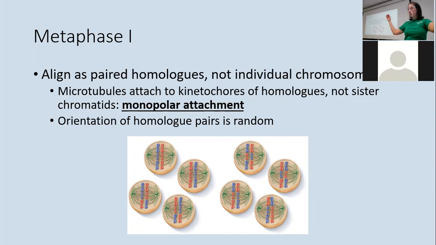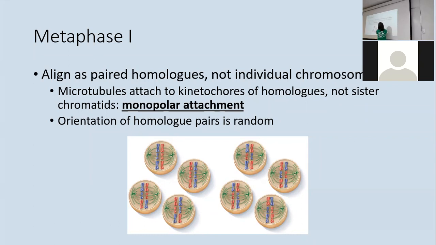And then just like in mitosis, we've got these spindles with microtubules that are going to come out and grab these guys at the kinetochores, but different, right? The spindle's going to come out and it's going to grab both kinetochores of this whole chromosome. It's going to grab the entire X. So this entire chromosome is going to be monopolarly, that's not a word, but is going to be attached to a single pole, a monopolar attachment, right?